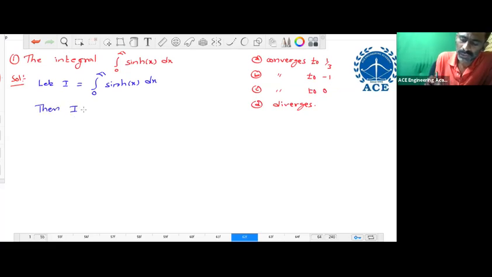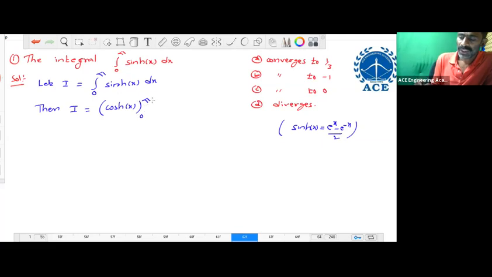Then I equals the integral of sinh x, which is cosh x. It is sine hyperbolic. If you do not know this, then write sinh x in terms of exponentials, e power x minus e power minus x by 2, and integrate. In this way also we can integrate. Or directly, the integral of sinh x is cosh x only.